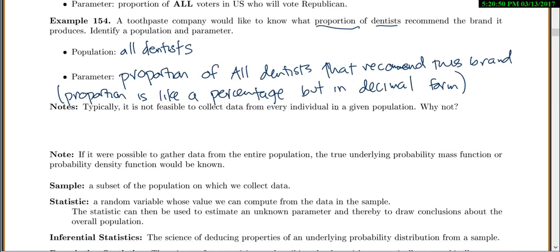So we've talked about the population, like in this case, the population would be all dentists. But usually it's not going to be feasible to collect data from everyone in a population. So we're not going to go and talk to every dentist. Why wouldn't we go talk to every dentist? Okay, it would take too long.